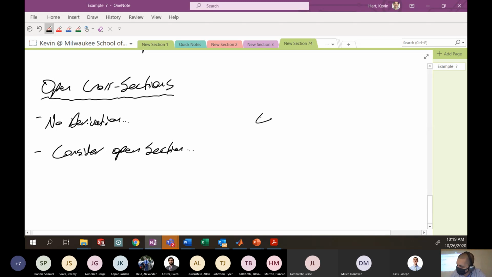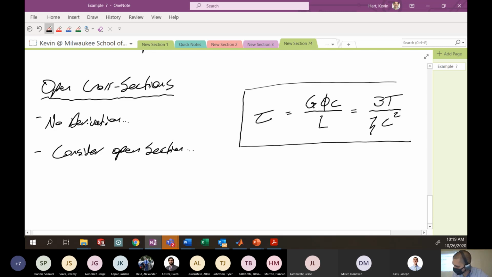So generally, the shear stress in this open section is going to be something like G phi times c, this is a little c, over capital L. This is also going to be equal to 3 times the torque that you apply divided by this variable here, this is a zeta, times c squared. This is your most general expression for open cross sections.